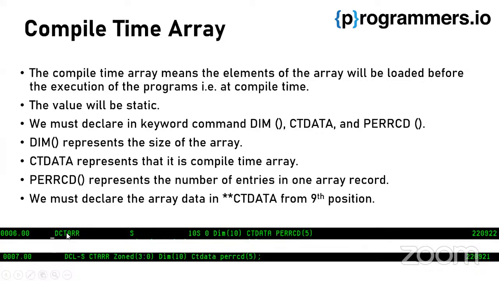In free format, first we write the array name, then in the D spec section we define the S, and after that we define the size and data type, and then how many records are in one data. So first we will go into the program itself.